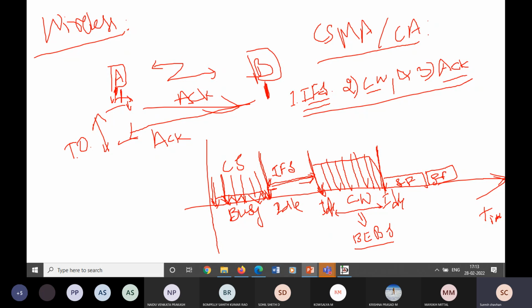After this time period, the same station senses the medium again. If it still finds the channel idle, only then will it start sending the frame. This is the basic idea and the strategies to avoid collisions in a channel.